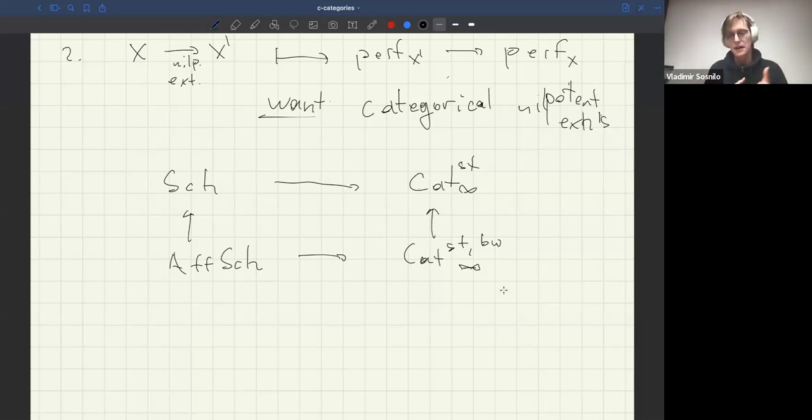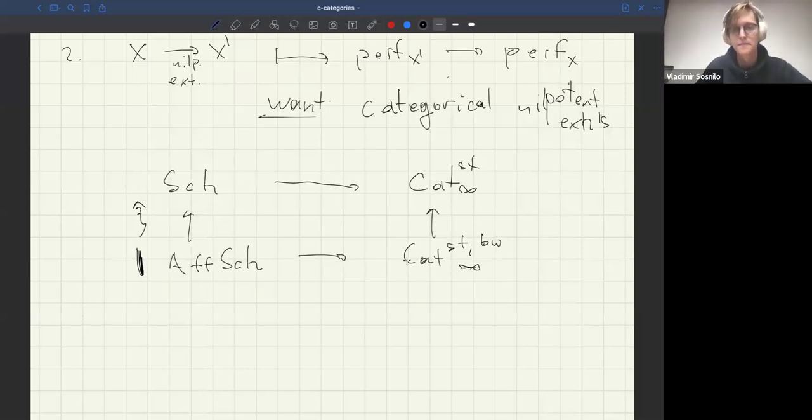But the never-ending caveat here is that if you were to prove something about arbitrary schemes using this approach, you would have to first prove it for affine schemes, and then get a result by descent for arbitrary schemes.